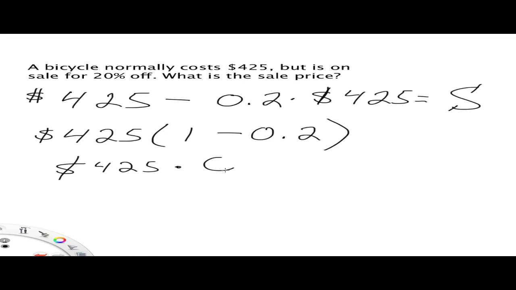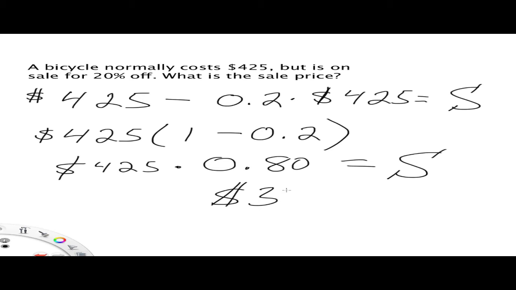So 80 hundredths is equal to S. So 80 hundredths is our value that we have there, and we're just going to go ahead and do the multiplication. 425 times 0.8 equals 340 is our bargain for a new bicycle. 340 is the sale price.